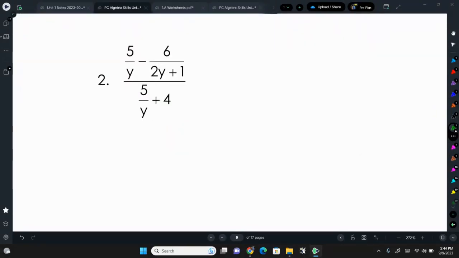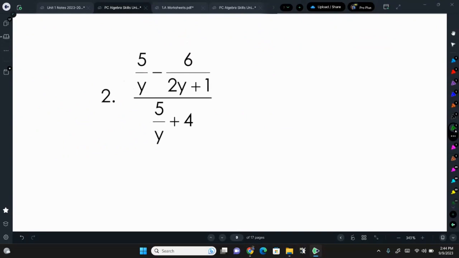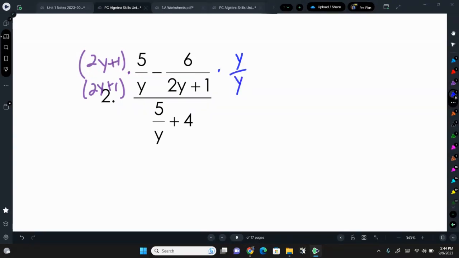And then number 2, all right, our top fraction, we have 5 over y minus 6 over 2y, and then our bottom fraction is 5 over y plus 4. So if we multiply the first fraction in the numerator by 2y plus 1 over 2y plus 1, we then can multiply the second fraction by y over y.